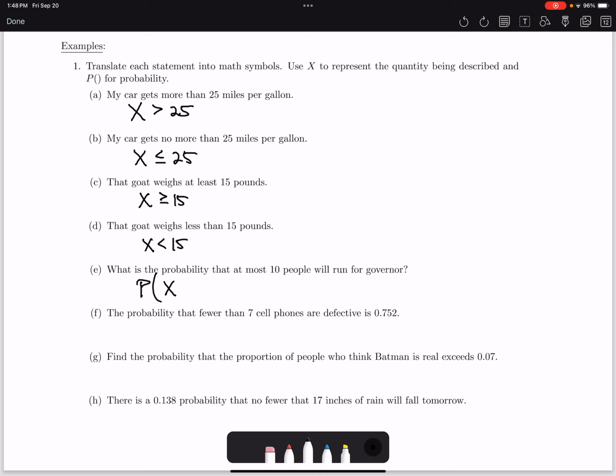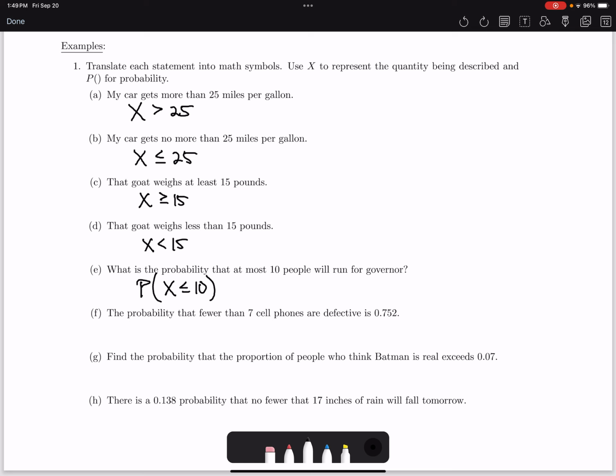We want to know the probability that X is at most 10. That means X could be 10, or it could be something less than that, but it can't be more than 10. So X would be less than or equal to 10. That's how we would encode that probability.